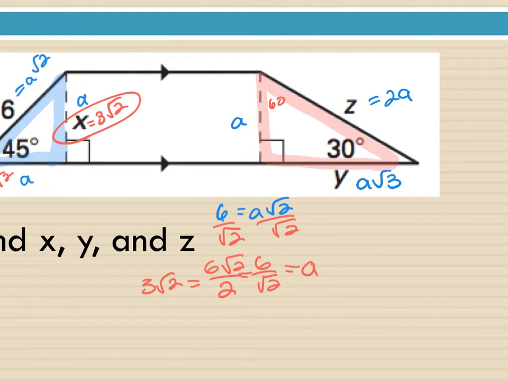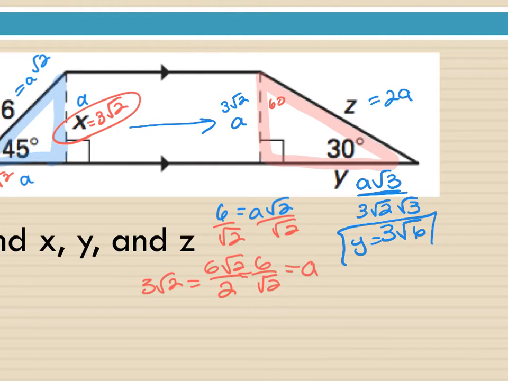What happens on the left also would reflect on the right. So this is now 3 root 2. So A is 3 root 2, which would make Y 3 root 2 times root 3, or 3 root 6. And Z would be 2 times 3 root 2, which would be 6 root 2.